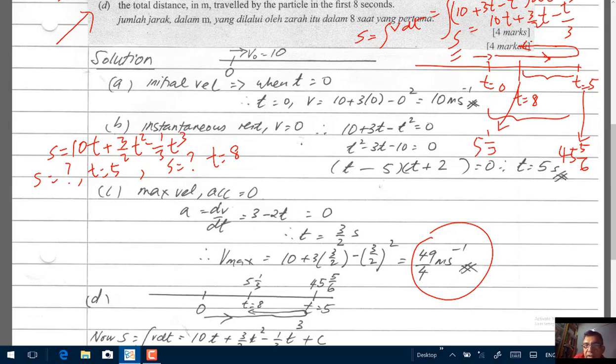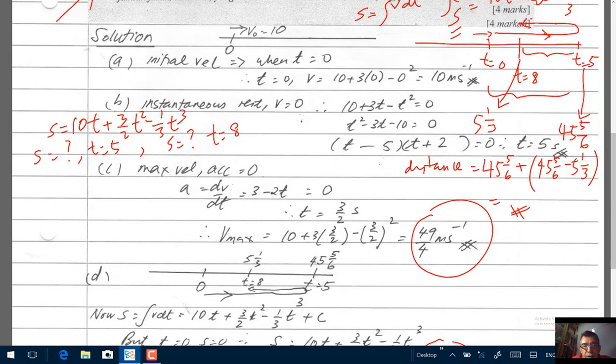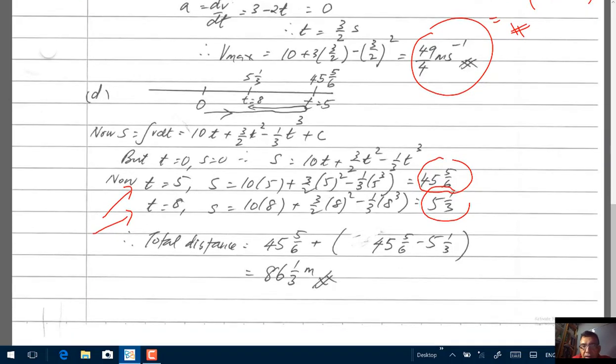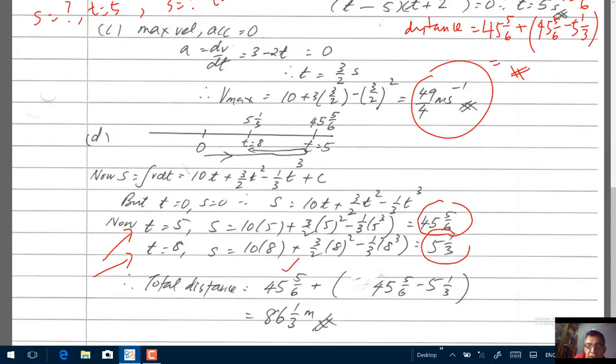So your total distance will be, this whole distance here is 45 and 5/6, plus this distance here, which will be 45 and 5/6 minus 5 and 1/3. Use a calculator and you'll get your answer. I've done that here for you. 45 and 5/6 plus that difference, you will get 86 and 1/3 meters, and we are done.